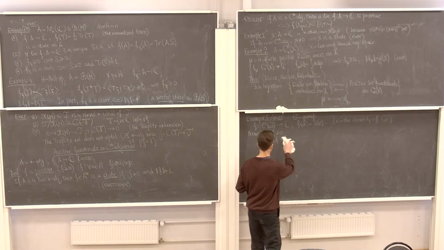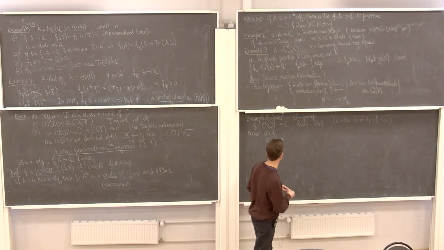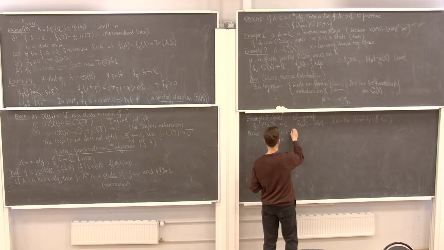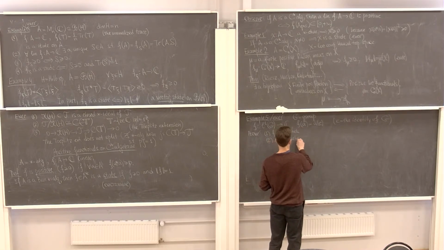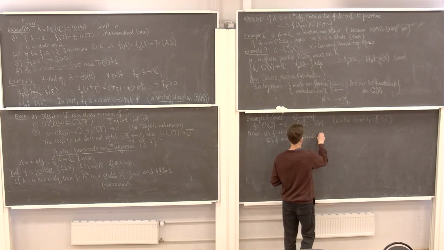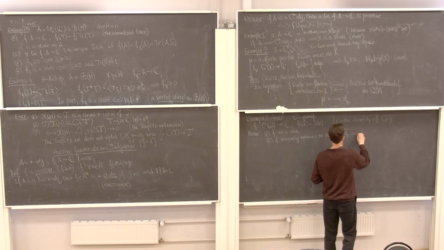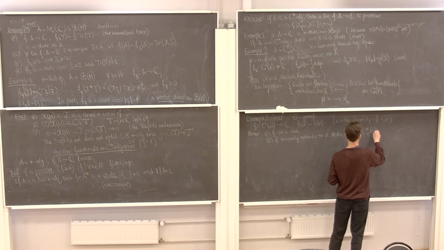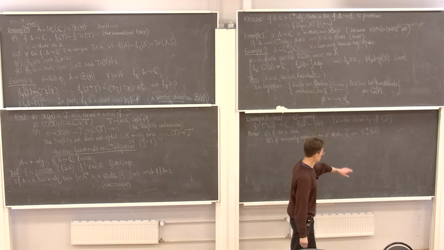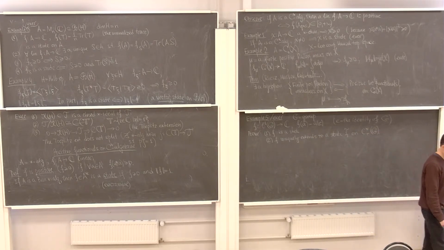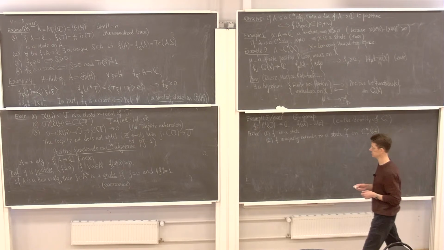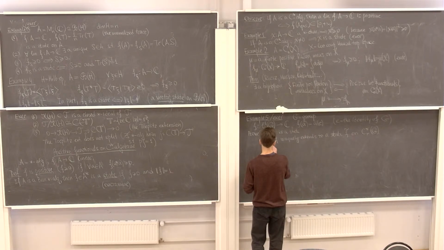It's easily seen to be a state on L1 of G. And second, f uniquely extends to a state that is denoted by f tilde on the reduced group C-star algebra, C-star_r of G. Well, the reduced group C-star algebra was discussed some time ago as an example. It is defined to be the closure of the range of the regular representation of L1 of G. And moreover, it can be shown that f tilde is actually a vector state.